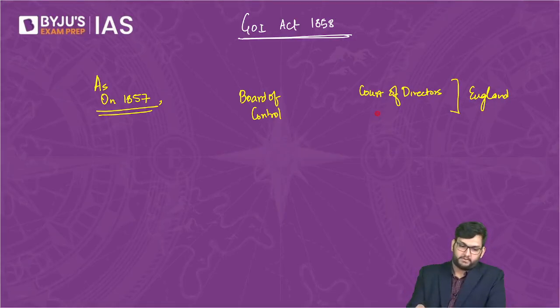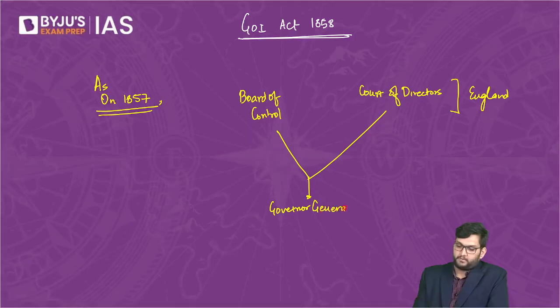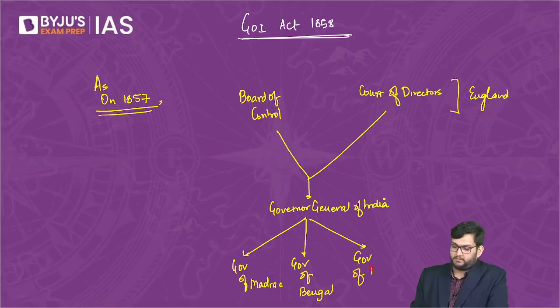Thereafter, I am recapping. I know I've written 1857. So just 1 year before the change comes, the Board of Control and Court of Directors operate in India via the Governor General of India, who then operates via the Governor of Madras, Bengal, and Bombay.